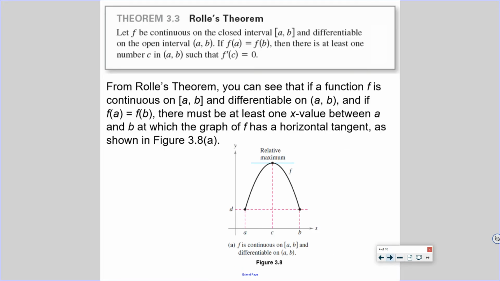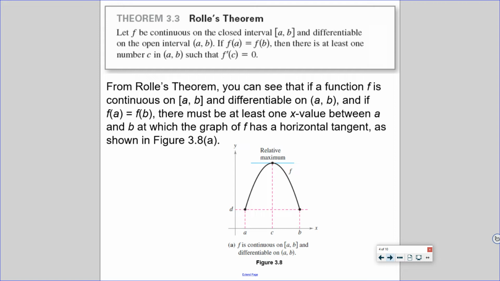And it feels like it's kind of like common sense, but I like it because obviously it ties in some calculus for us. If we have a continuous function on a closed interval, and it's differentiable on the open interval, meaning no cusps, no corners, no discontinuity. Well, that takes care of our first statement there.